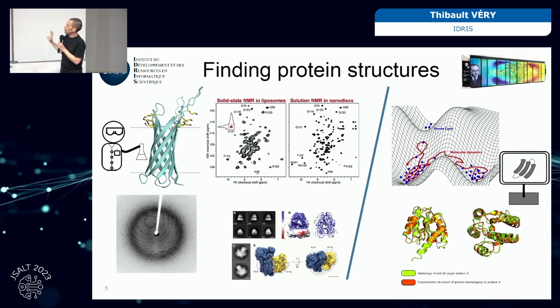If I want to be really complete, the experimental methods also have to use some of these numerical methods to get the structure. You need some refinements to get the structure ready. Okay. Any question?